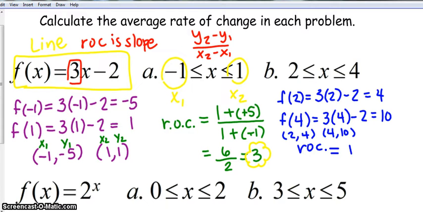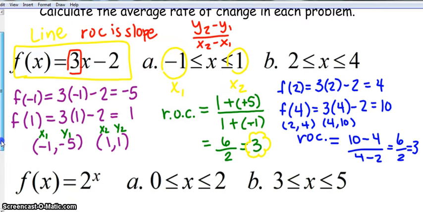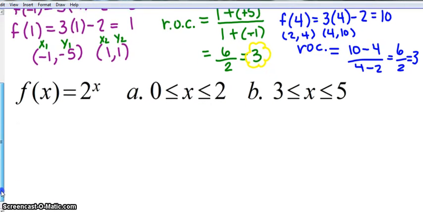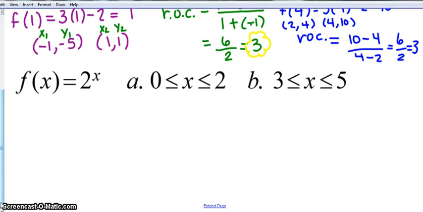My rate of change is going to be 10 minus 4 over 4 minus 2. So 6 divided by 2, again, is 3. And that was the same as it was in the first example because our rate of change is constant for lines. I'd like for you to try A on your own and then come back to me and check yourself for this next problem.